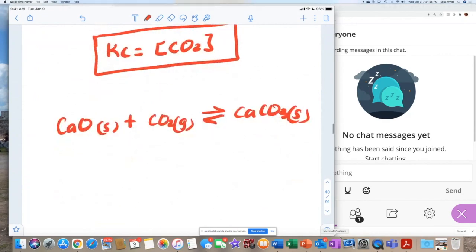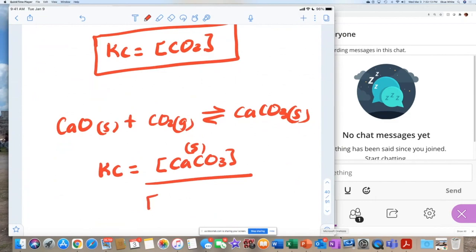If you were asked to write the Kc for this, let me show you where the 1 really helps. Kc equals CaCO3, which is a solid, over CaO, also a solid, times CO2.